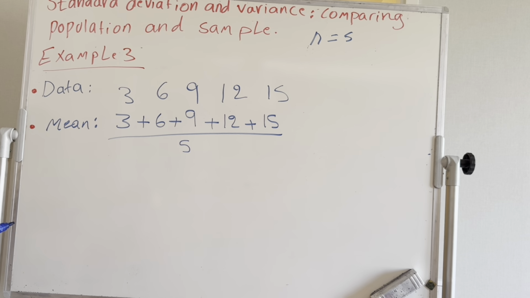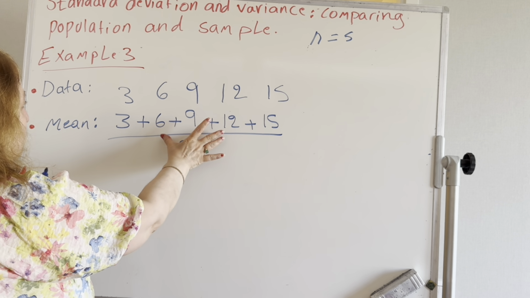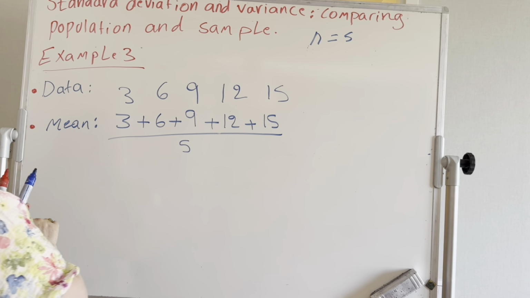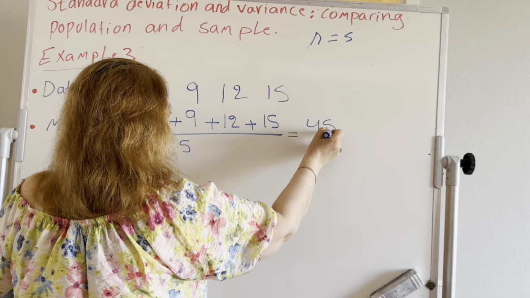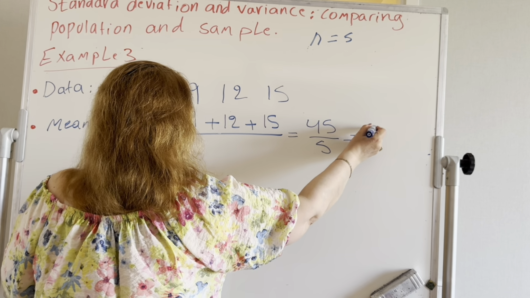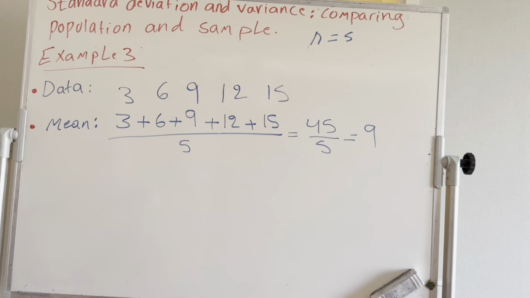It will be 15 plus 15 plus 15, 30 plus 15, 45. 45 divided by 5 equals 9. The mean equals 9.